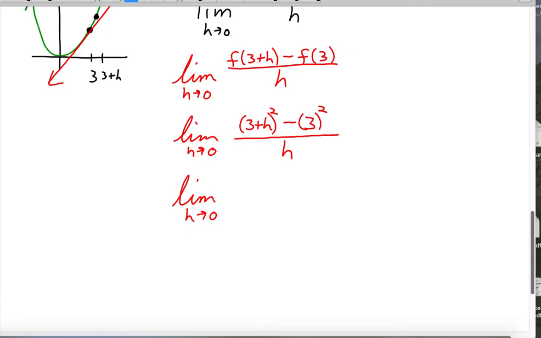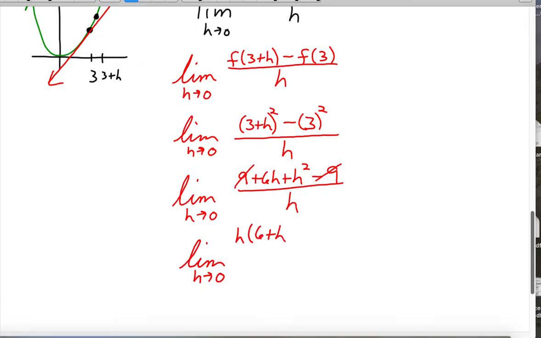So let's square 3 plus h. That'll be 9 plus 6h plus h squared, and then minus 3 squared, which is 9, over h. The 9's cancel on top. And now I can factor an h out of both terms on top. And so I'm going to have the limit as h approaches 0 of h times 6 plus h to the first over h.